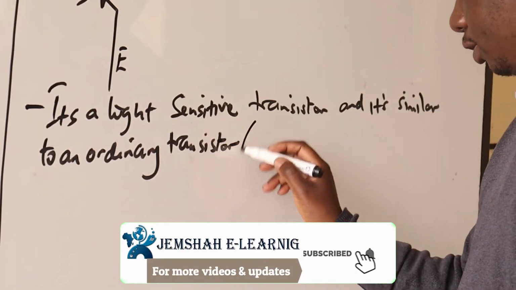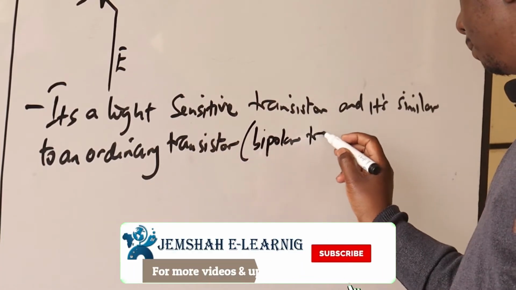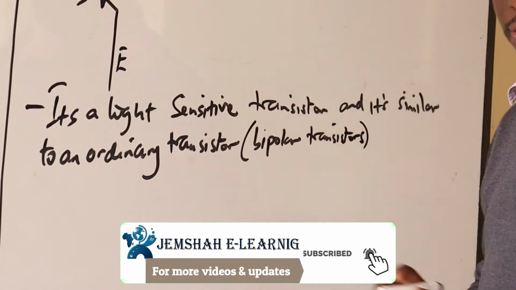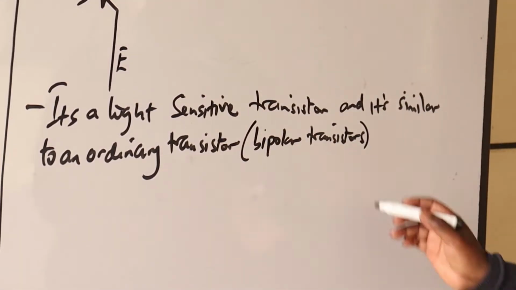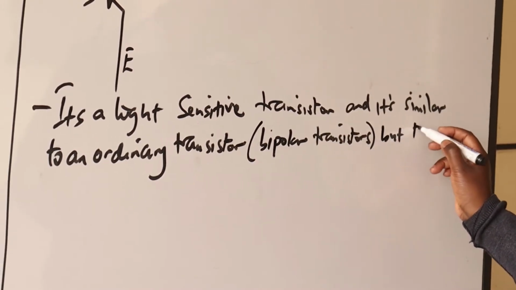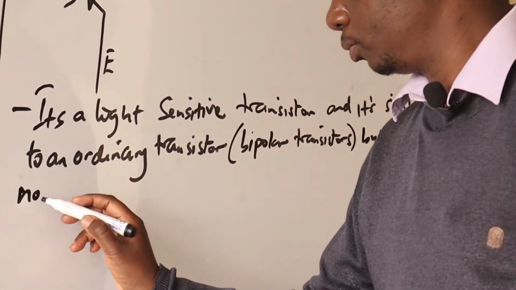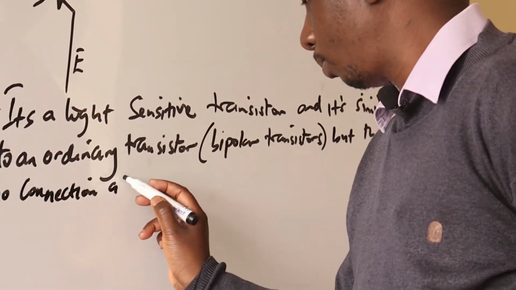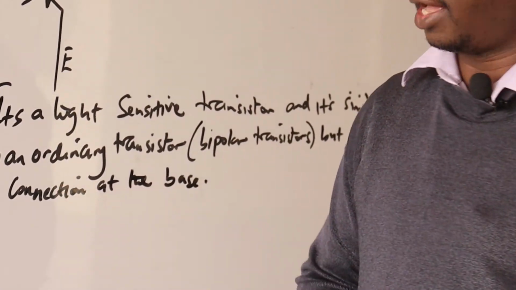Ordinary transistor, in this case, I'm referring to as the bipolar transistor. But it has no connection at the base. Then how does it operate?